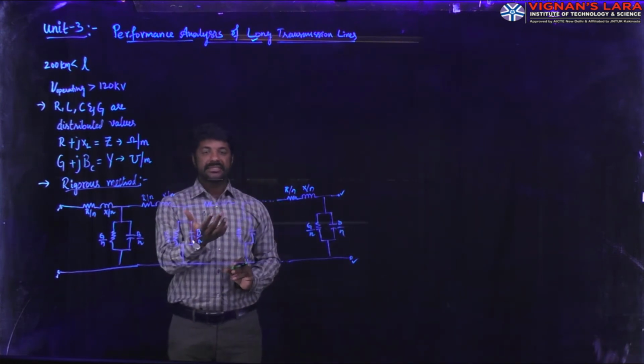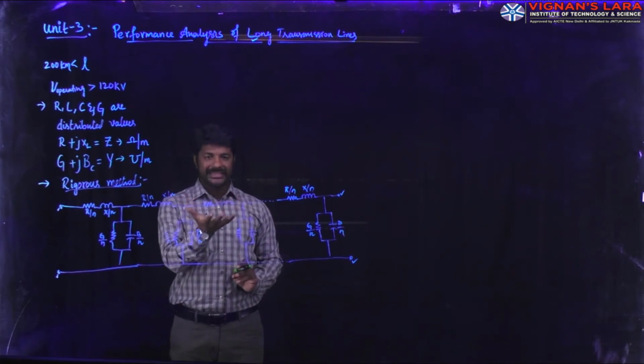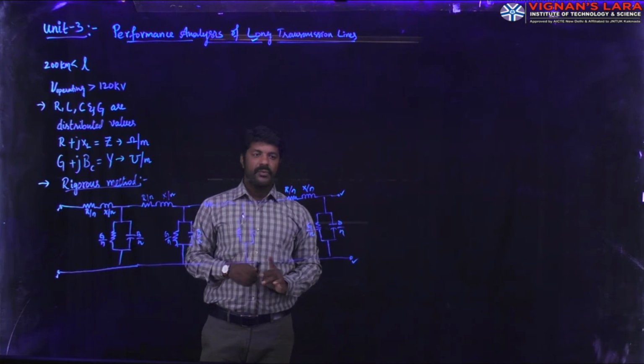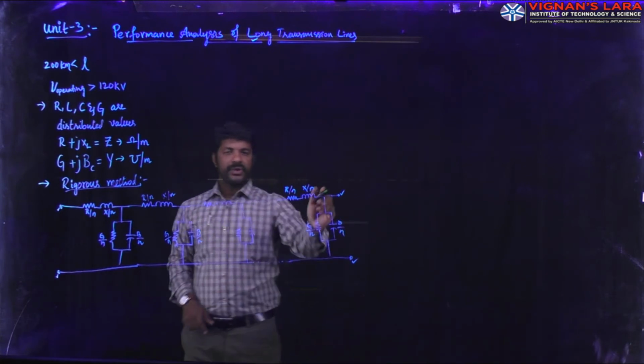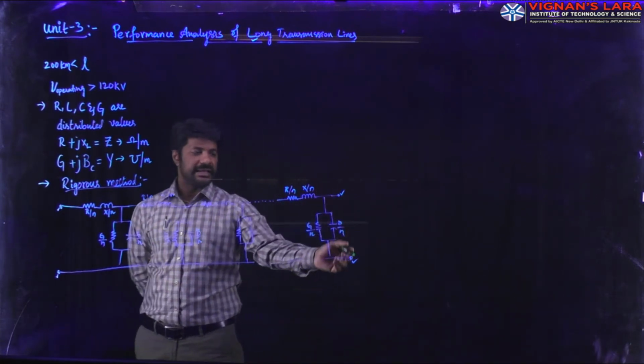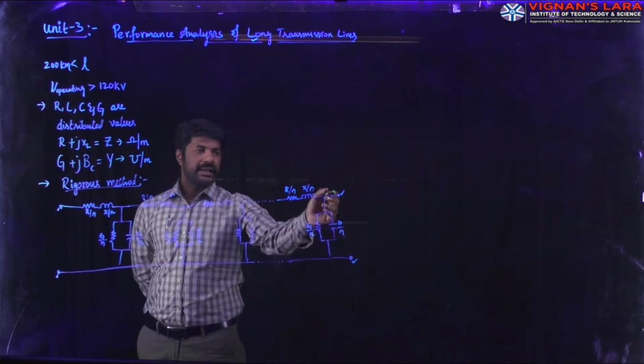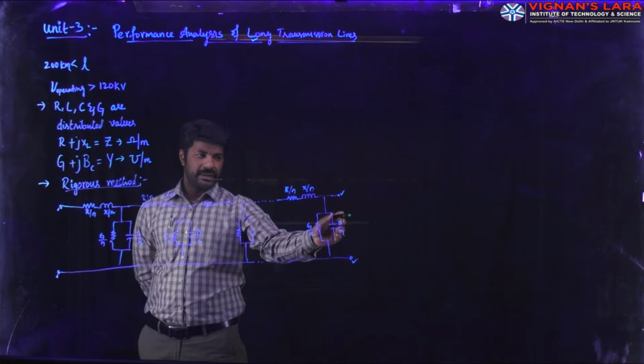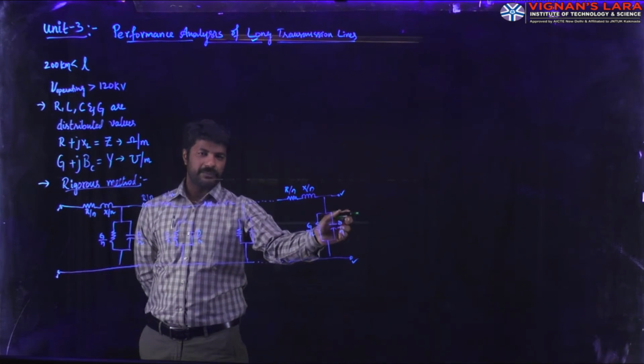Doing the analysis is very complicated if you do it like this as it is. What we followed in the previous steps: we start the analysis at the receiving end side, calculating the current IR and next VR for a known power of PR.